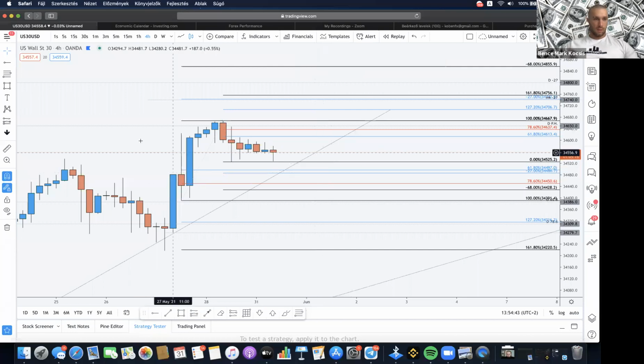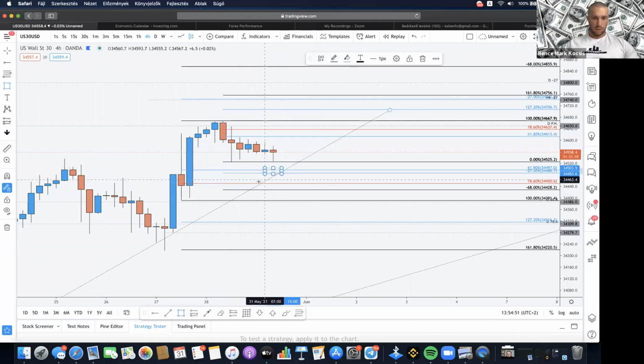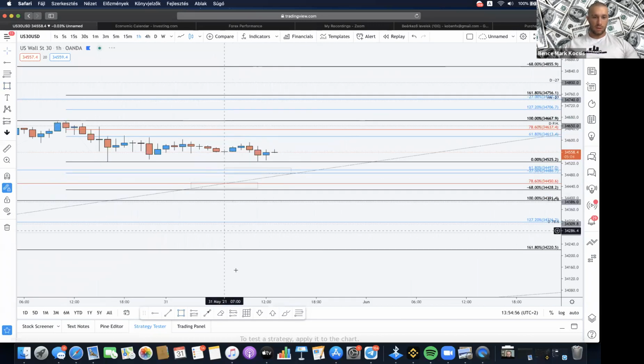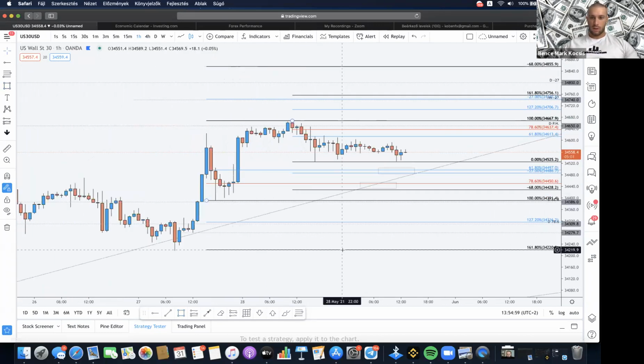So this is the setup on US 30, and the question is whether the price comes back to the 618 to the 78.60. Also, if you check the 1 hour, you can see the price consolidating, and what does it create? Equal lows, so probably it will be taken out really soon, and after it will continue higher.